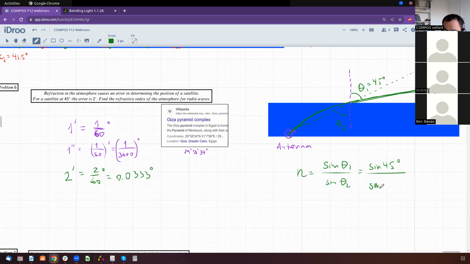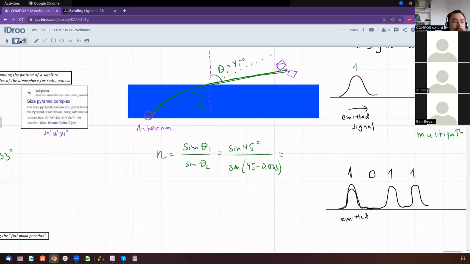So it's sine 45 minus 0.033 degrees. And if you work it out, it's going to be 1.00058. So the refractive index of air for radio waves is approximately that.